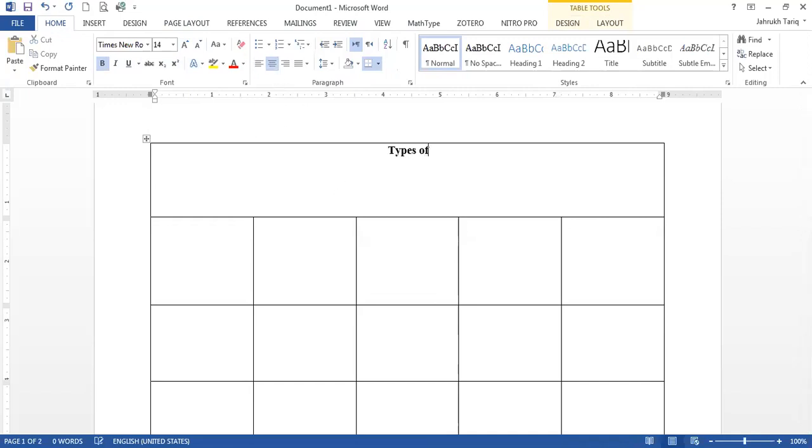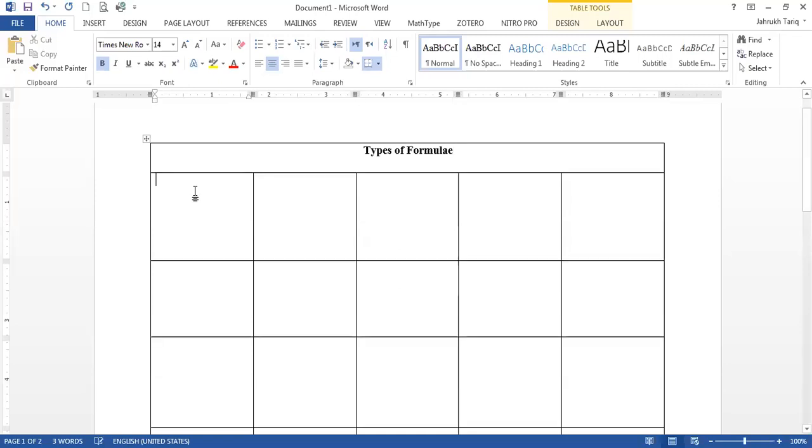So let's go with types of formulae, and we're going to cover some of the old ones that you have previously studied in chapters number 3 and 4, when we were discussing bonding and chemical reactions and their types and how to quote them and how to discuss different formulae. So we're going to go with different types.